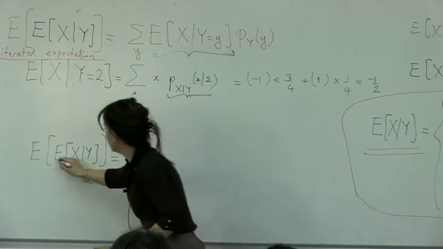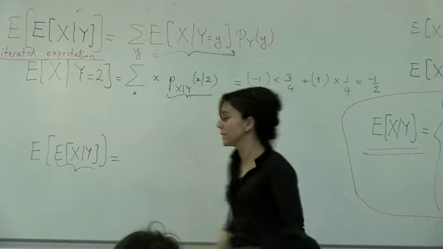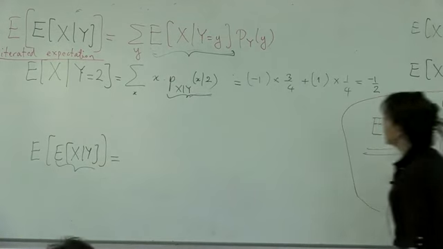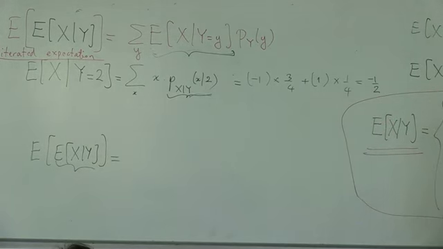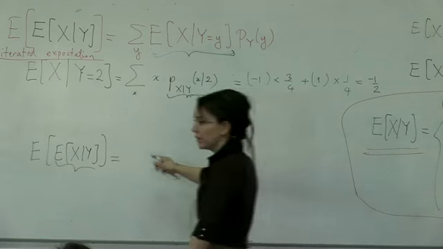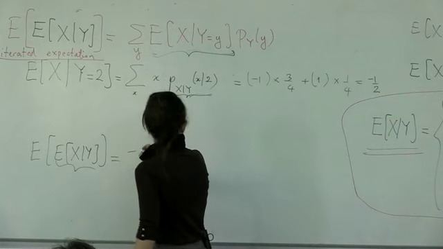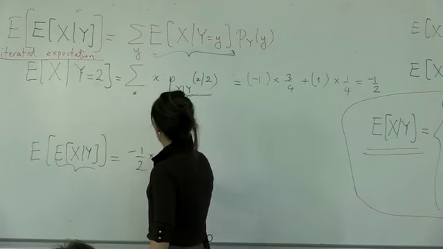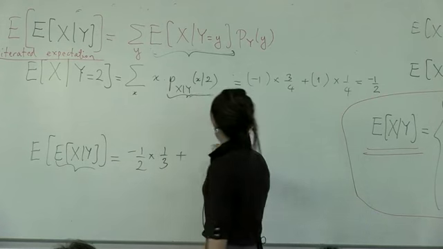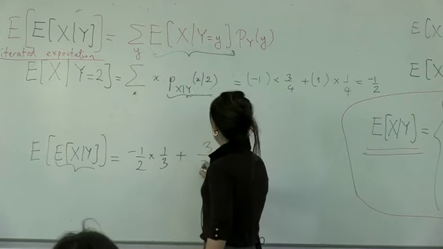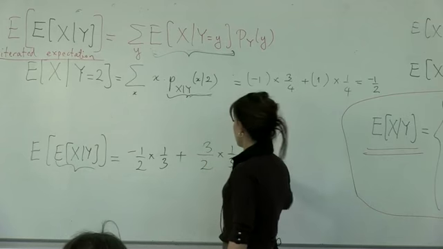Now, I'm trying to compute the expectation of X given Y. The expectation of X given Y is minus 1/2 with probability 1/3, 3/2 with probability 1/3, and 0 with probability 1/3. So what is its expectation? Minus 1/2 times 1/3 plus 3/2 times 1/3 plus 0.